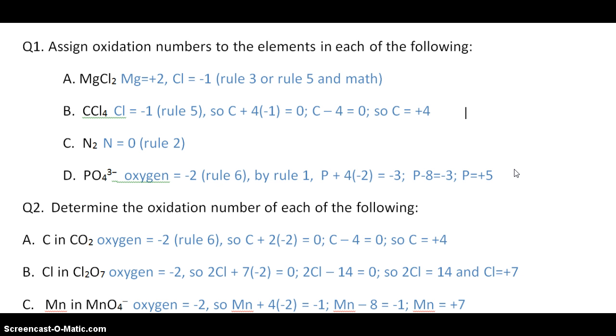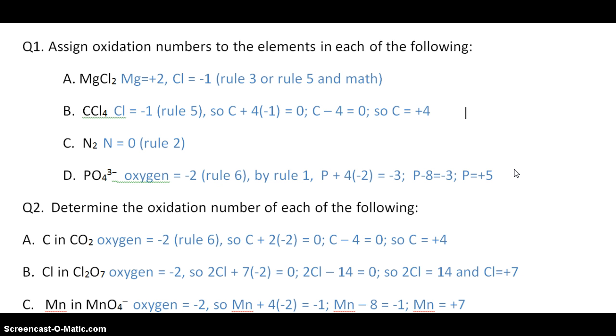Okay. In phosphate ion, we know by rule 6 that oxygen has an oxidation number of -2 unless it's just paired with fluorine. So we have to do some math to find out what phosphorus is, because phosphorus doesn't have a rule.